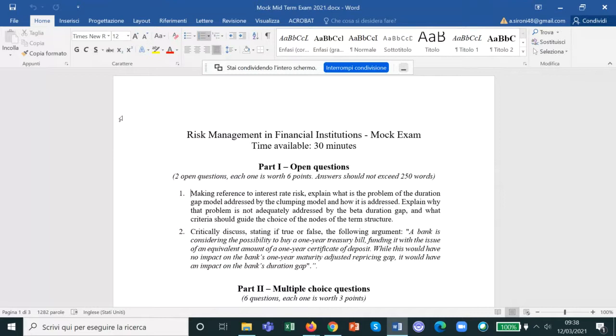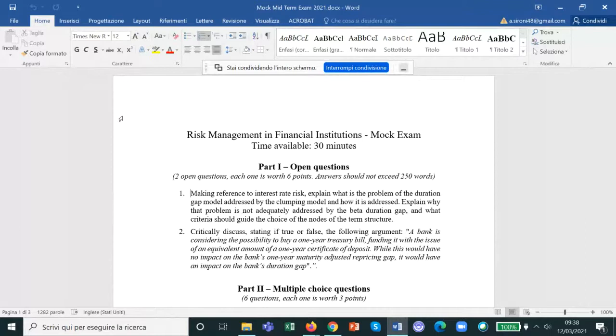In this particular case, the statement is true, because indeed the maturity adjusted gap would not be impacted, because the asset and the liability have the same maturity. But it is true that the duration gap would be impacted, because if you increase assets and liabilities by the same amount and keep the equity constant, leverage would change.